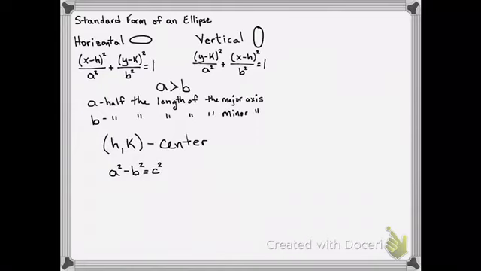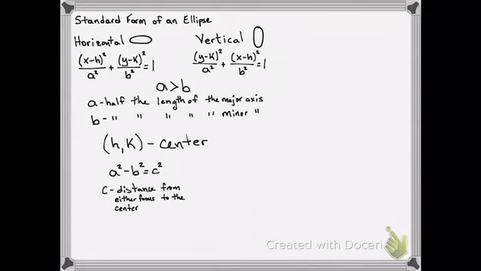Now C is the distance from either focus to the center, because they're both going to be the same. That's going to help us figure out coordinates when we get there with examples in our next video.